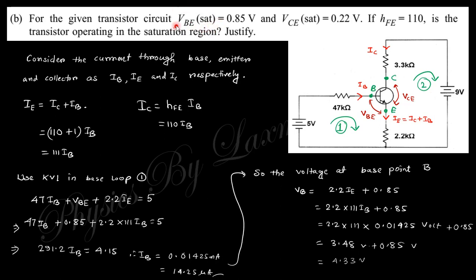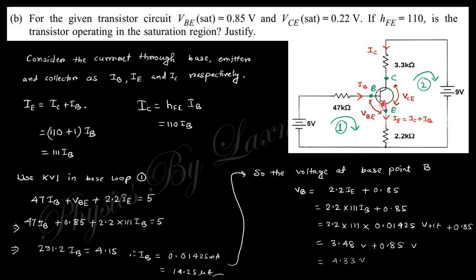Next question, for the given transistor circuit, VBE saturation, that is the voltage of base with respect to emitter, is 0.85 volt. VCE saturation, that is the voltage of collector with respect to emitter, is 0.22 volt. HFE, that is IC by IB, is 110. Is the transistor operating in saturation or not?